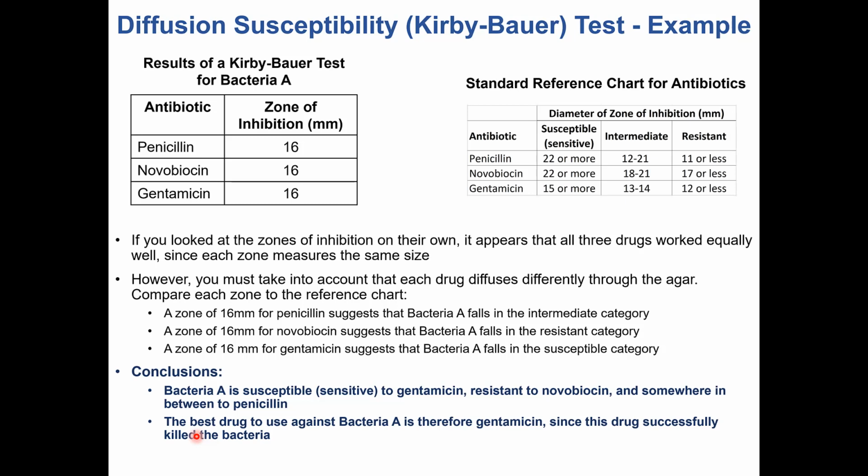Another way to say that is which antibiotics your bacteria is susceptible to, which antibiotics your bacteria is resistant to, and which antibiotics fall somewhere in between. And again, this test continues to be done in hospitals today in order to determine the best plan of attack against different types of bacterial infections.